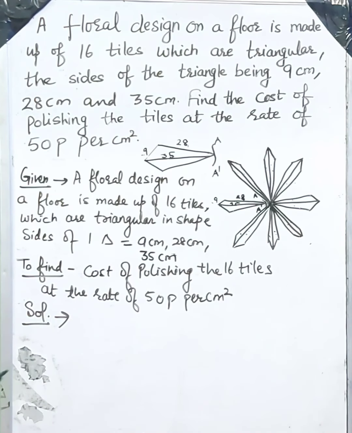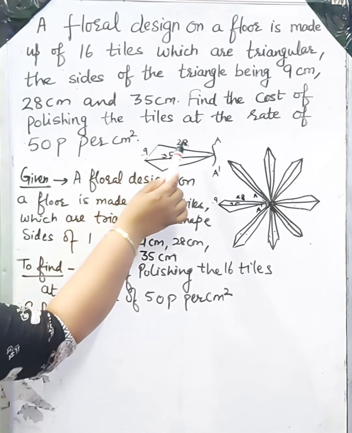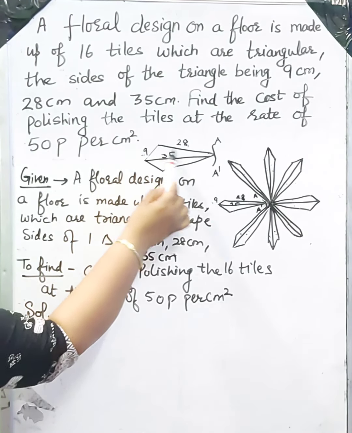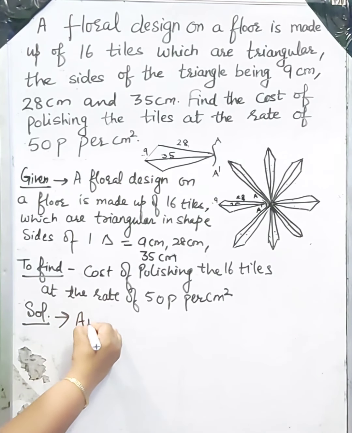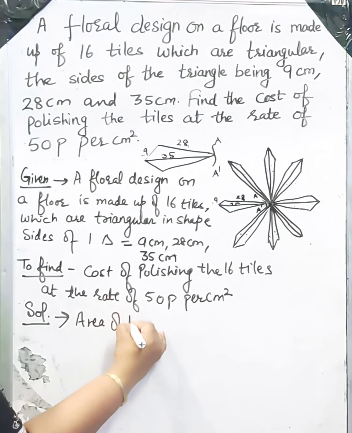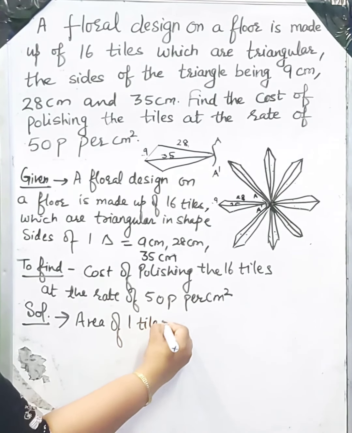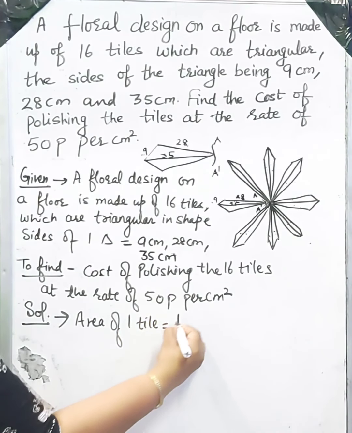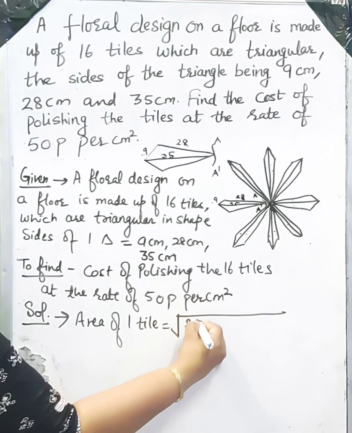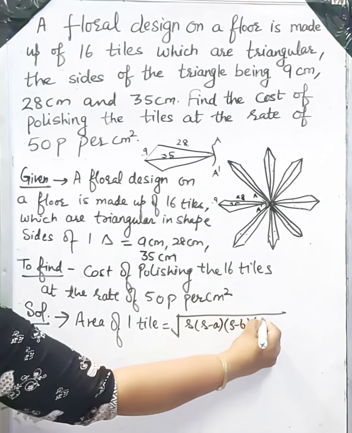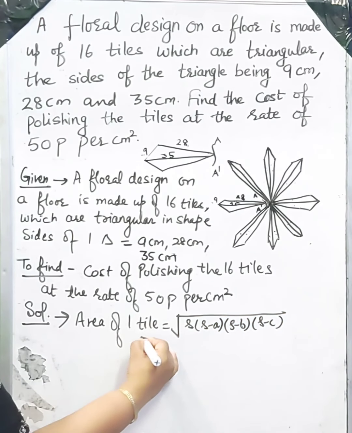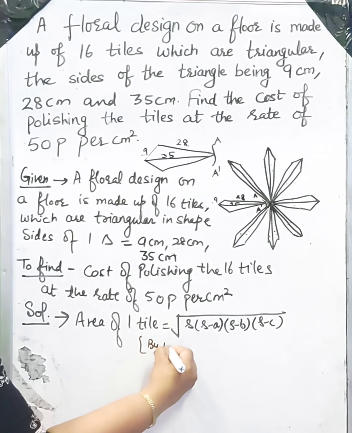So first of all, we have to find the area of one tile by using Heron's formula. Area of one tile equal to under root S into S minus A, S minus B, S minus C by using Heron's formula.